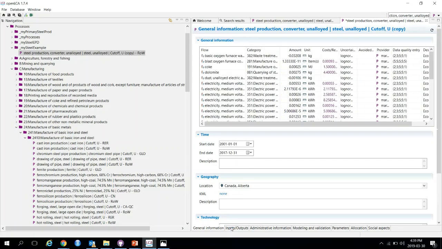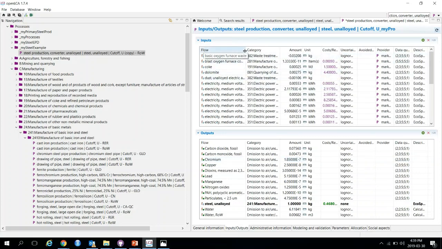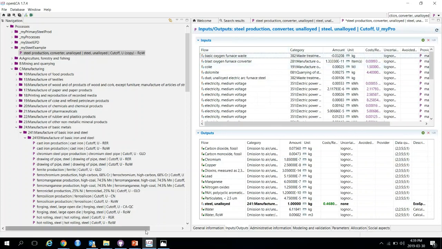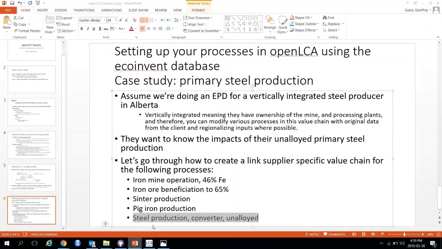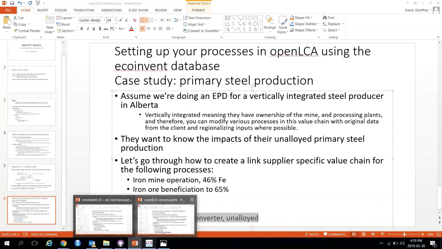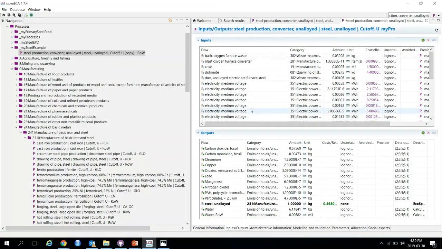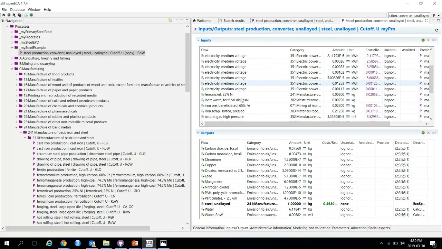Okay, so now we look at the inputs, and if we go back to look at the next process of interest where we want to provide a specific supplier, it's pig iron production. So let's look at that input for pig iron.